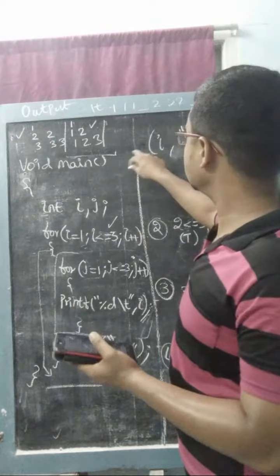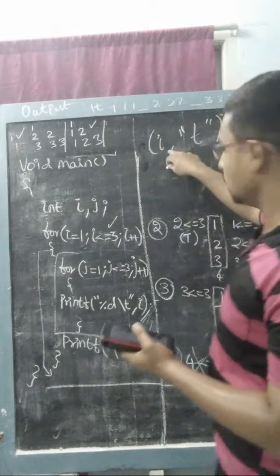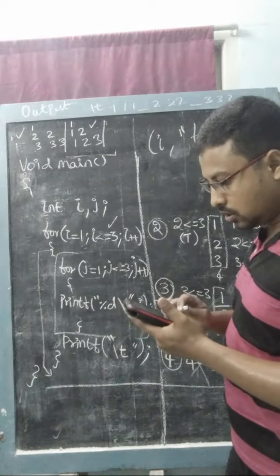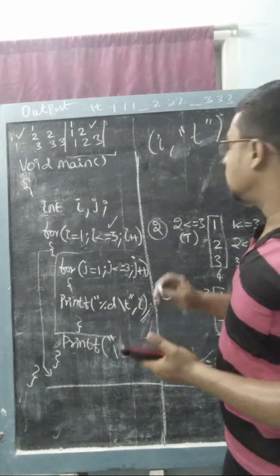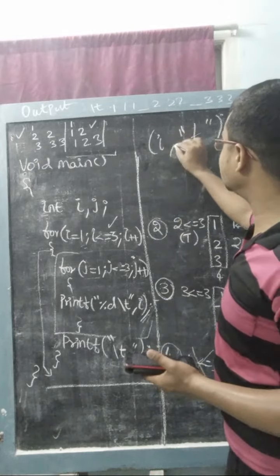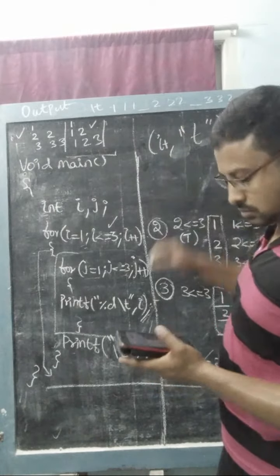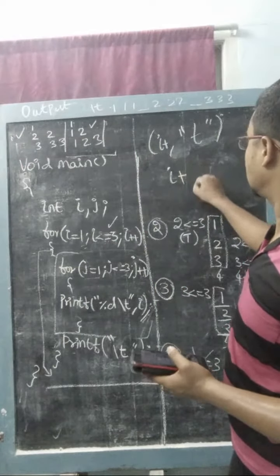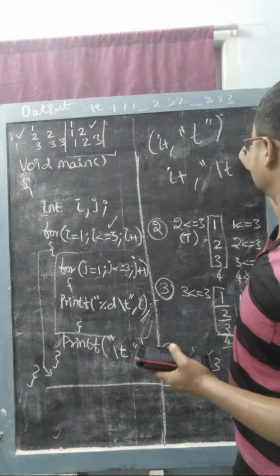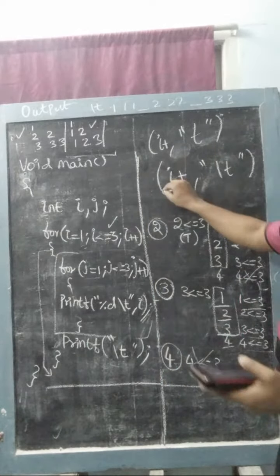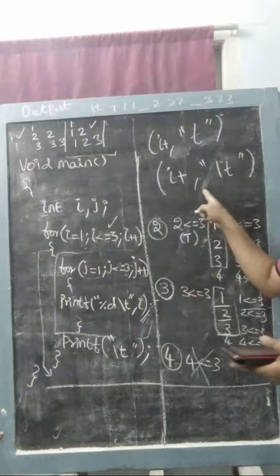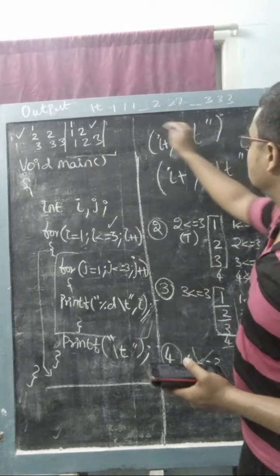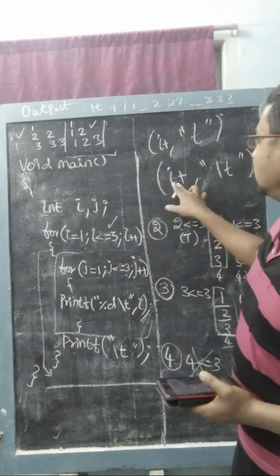Inside System.out.println, she is asking about I slash t. Is it right, sir? That is a good question, and you have to use plus here. I plus comma slash t. That's right, because we need to merge this space and then I.